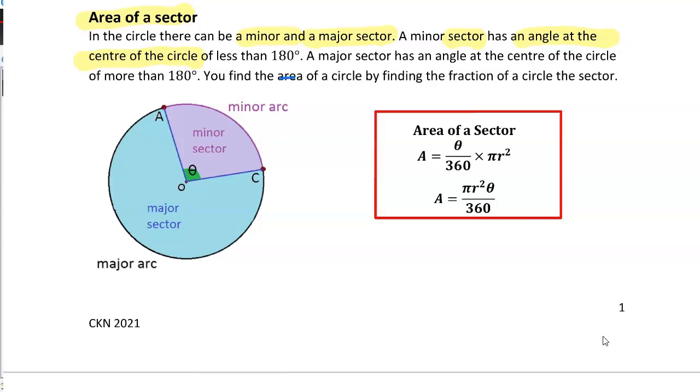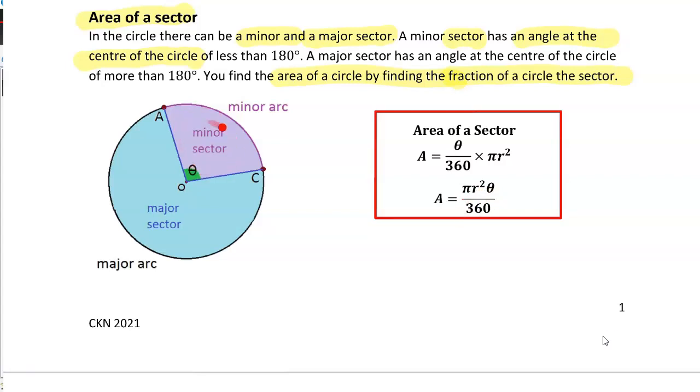And you can find the area of the sector, the fraction of the circle. So A for area equals theta divided by 360 times pi r squared, which we usually just type in as pi r squared theta, all divided by 360.